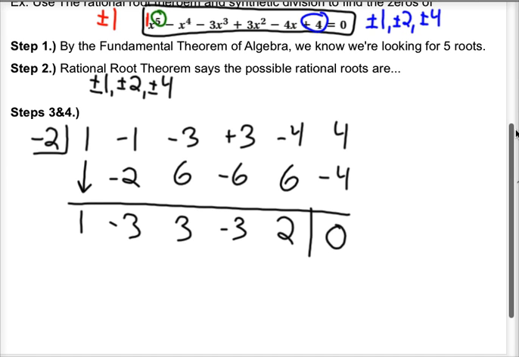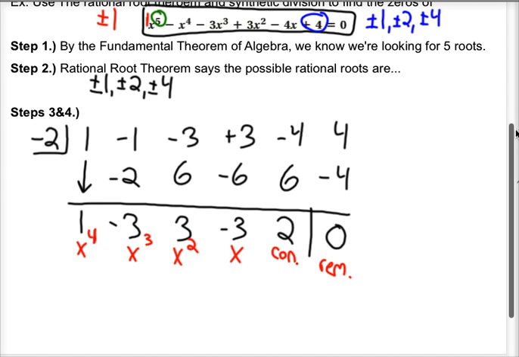Remember, this is telling us our remainder, our constant, our x term, our x squared term, our x cubed term, x to the 4, and so on if there were more terms.